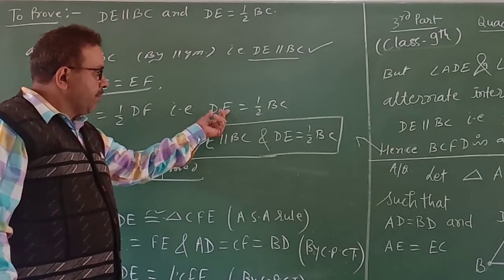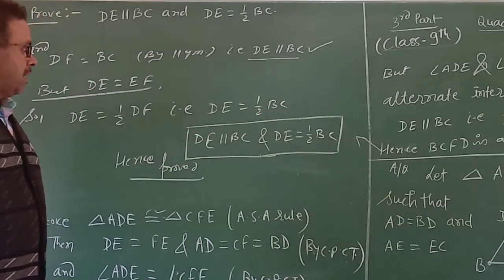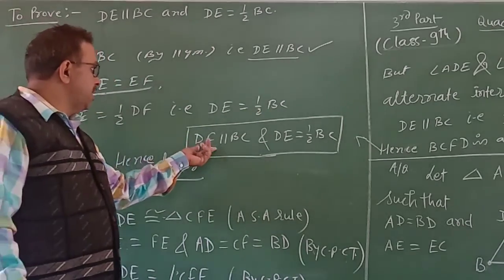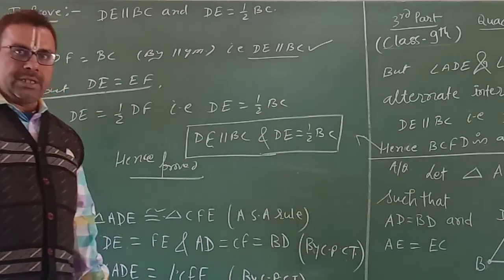Then we get DE equal to half of BC. Hence our required result: DE parallel to BC and DE equal to half of BC.